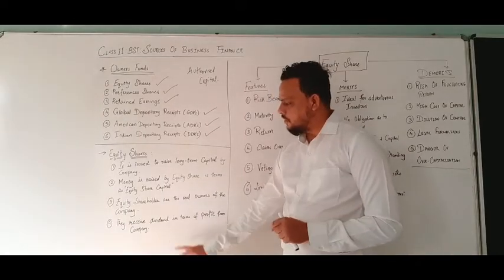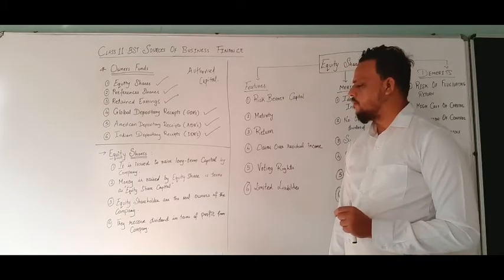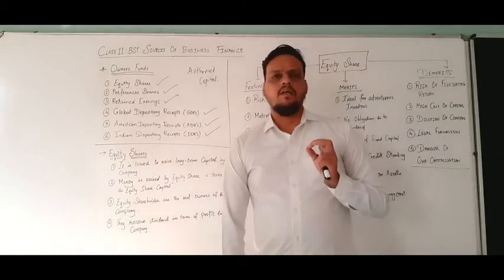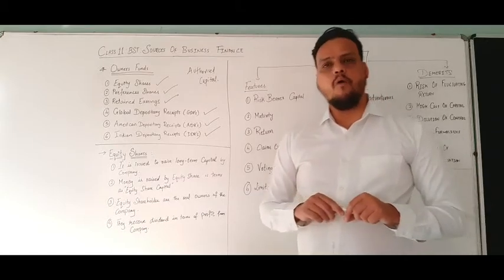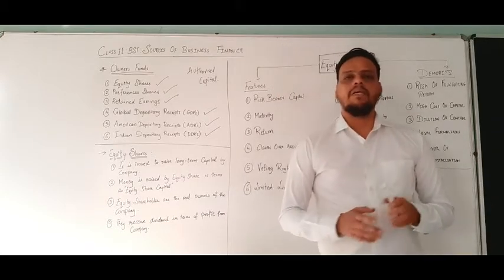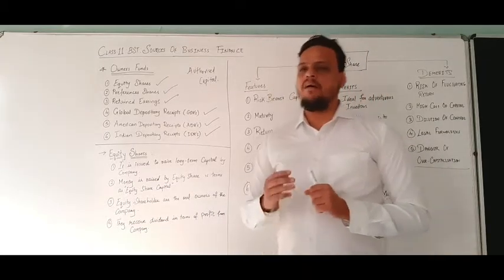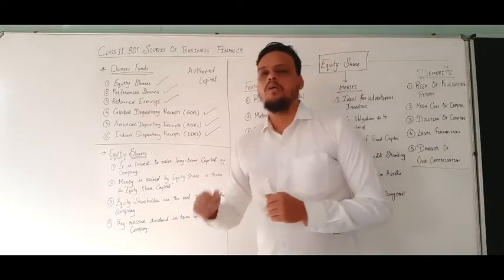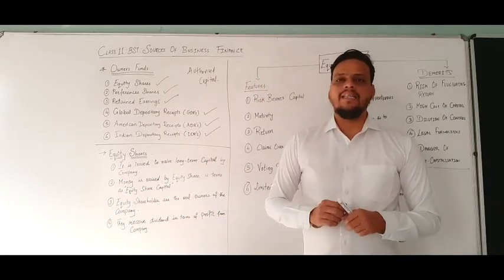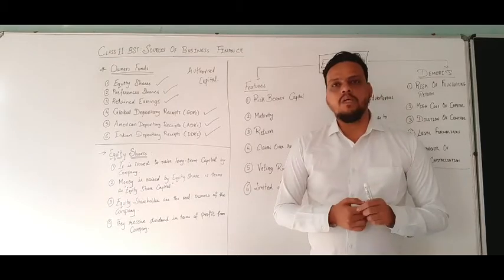Now, I have mentioned the fourth point: they receive dividend in terms of profit from the company. As the owners of the company, they require certain profits. If the organization makes losses, they do not get any money. If they earn profit, payments are first made to the creditors, and interest is given to the debenture holders.